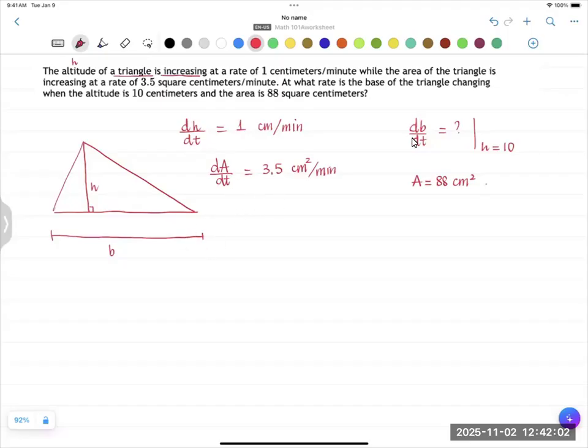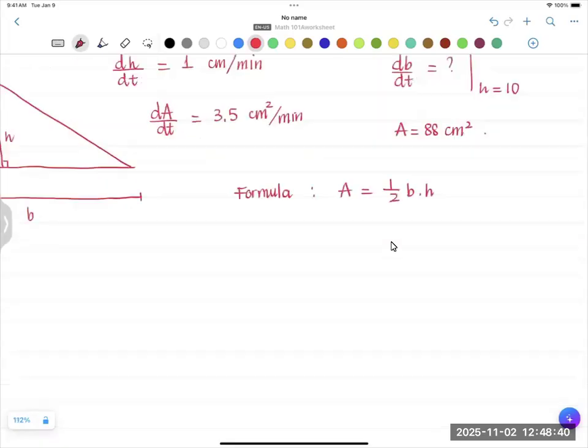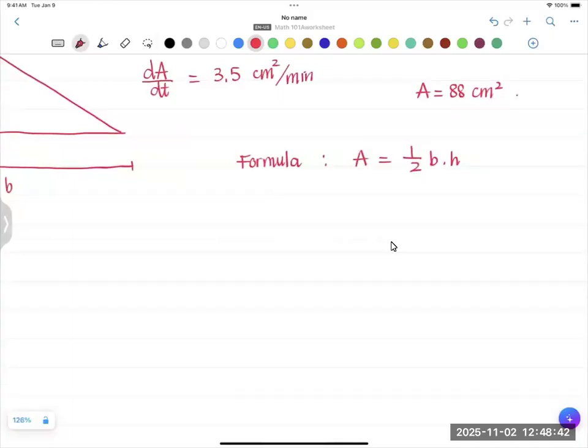Okay, so now let's put the equation that relates all these three variables, which is the area of the triangle. The formula is the area of the triangle is 1/2 base times height. All of this is just for setup. After this, we're going to take the derivative on both sides. The derivative on the left side is dA over dt.